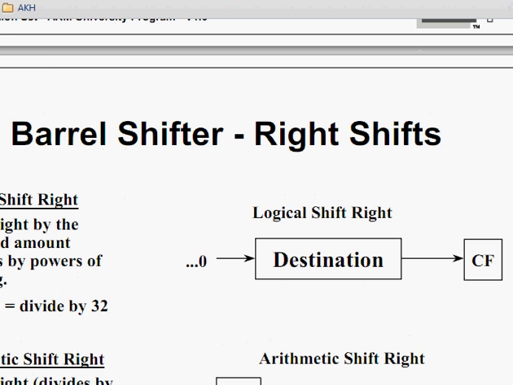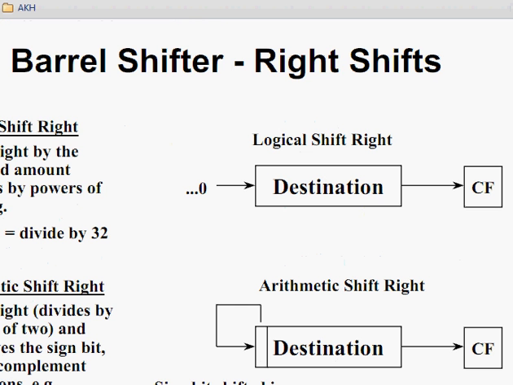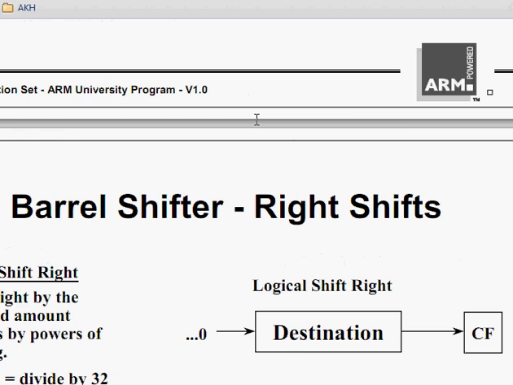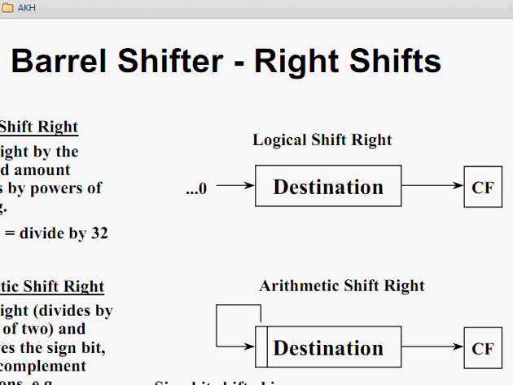Similarly, barrel shift, right shift. Here it will divide by 32. So it shifts by the specified amount.